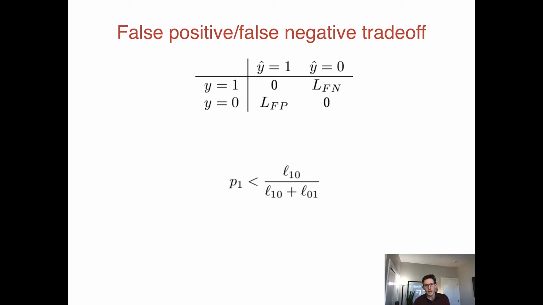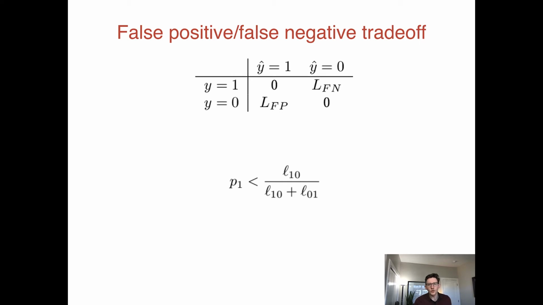For example, if we have to decide whether or not to treat disease or not, it could be the case that maybe the treatment is not too invasive, but if we don't treat a patient and they do actually have the disease, they could have really serious consequences. So that is to say that the loss from a false positive is relatively low. We give them the treatment even though they don't need it, relative to the loss of a false negative, maybe death or whatever.